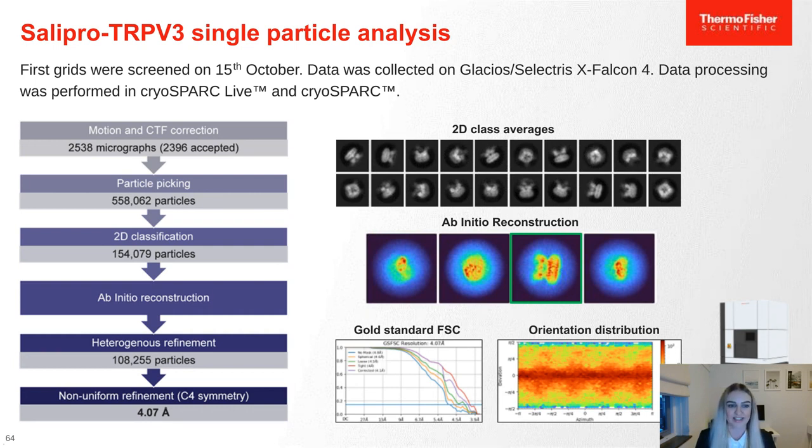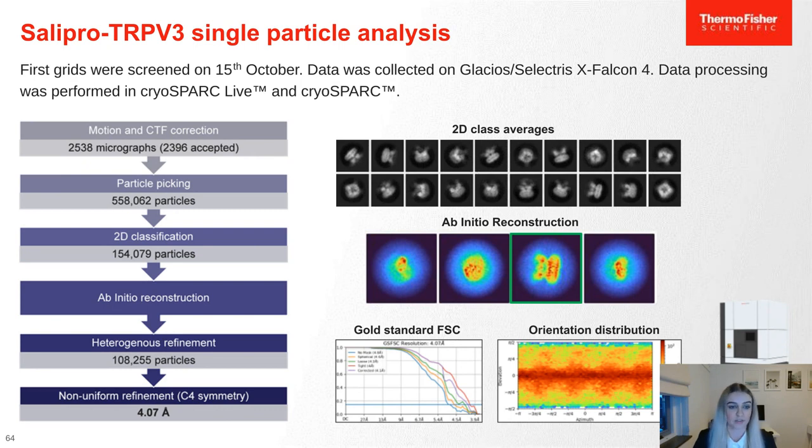The ice was a little bit thick, so I think this project needs a little more optimization to get thinner ice, but nevertheless, I collected a data set after the screening, 2,500 movies, from which I picked a little bit over 500,000 particles. And here on the right, you can see 2D class averages of Salipro TRPV3.